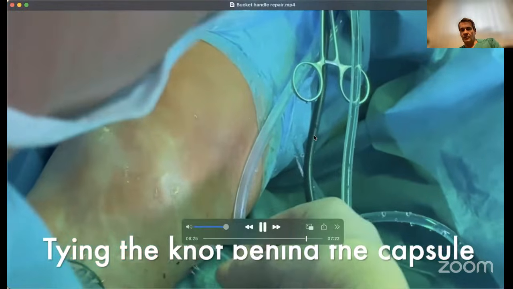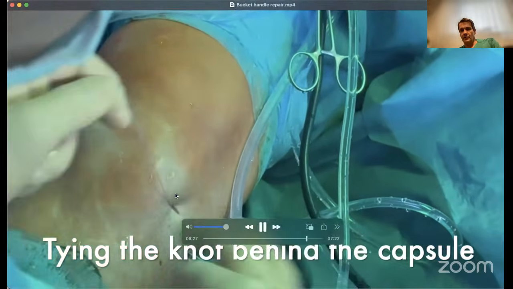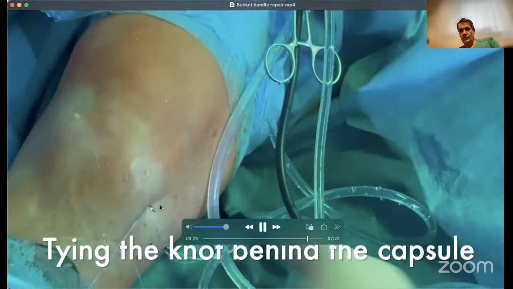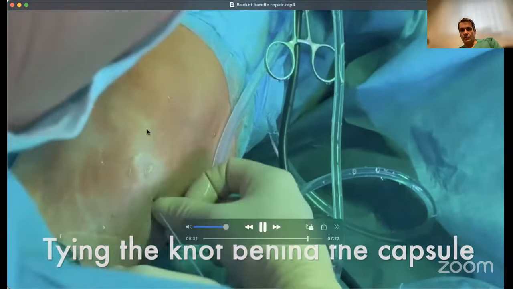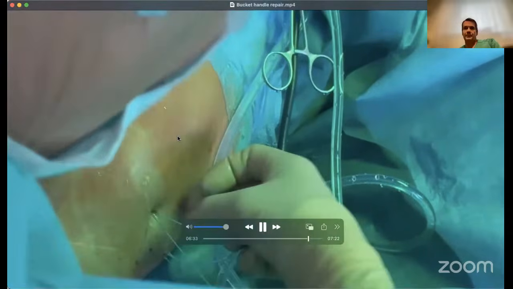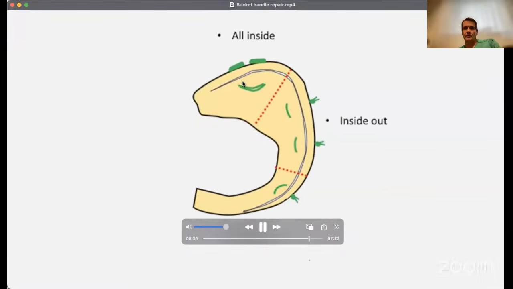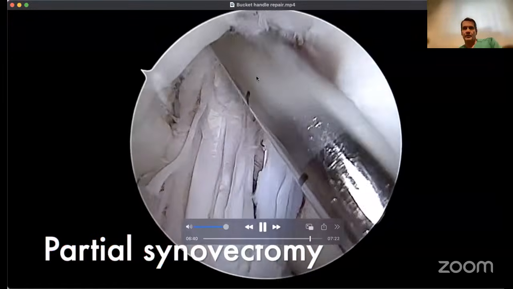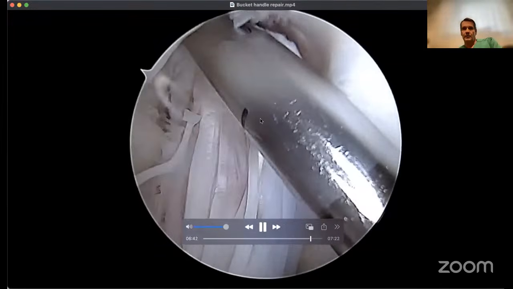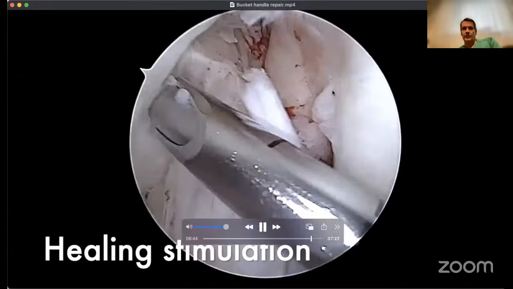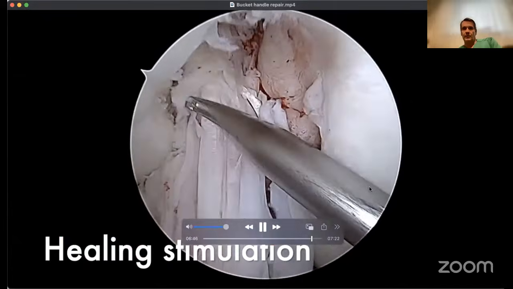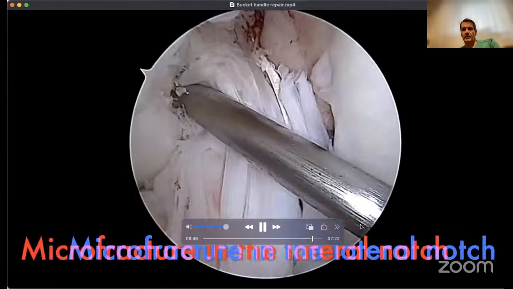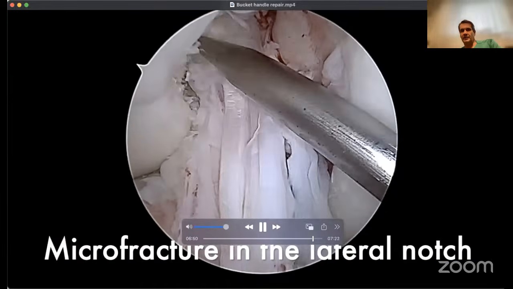And then I added one more outside in suture. So in this case, I used one all inside in the posterior part, two inside out, and one outside in technique in the anteromedial part.